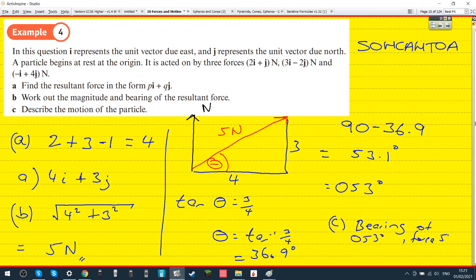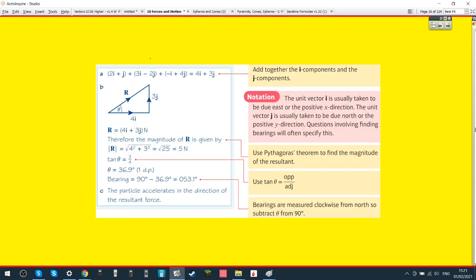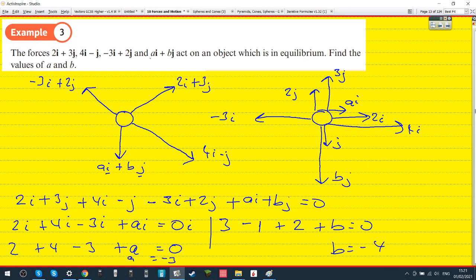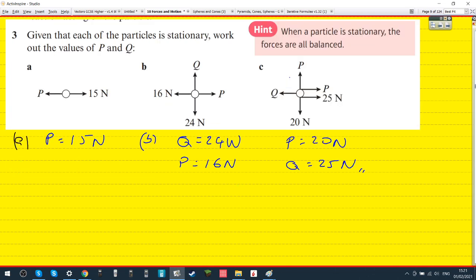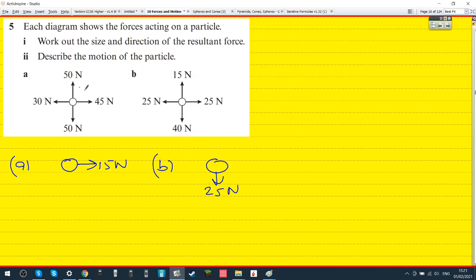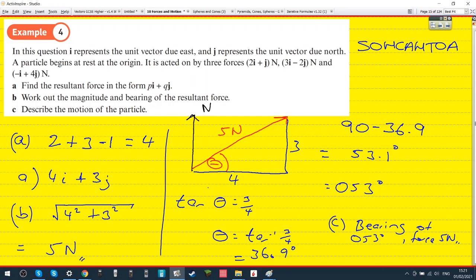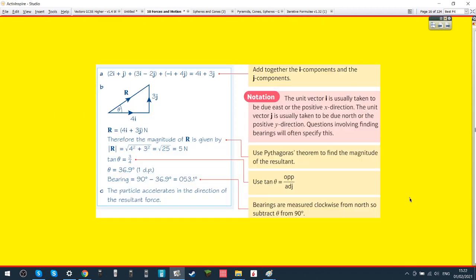So you have a bunch of forces acting on it, and then overall it's going in some direction. This is going right, this is going down. Our one is going kind of diagonally, 153 degrees, with a force of 5.